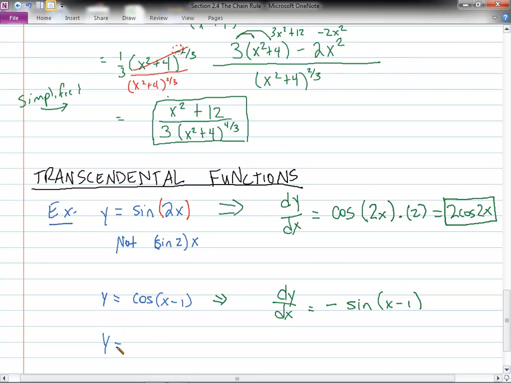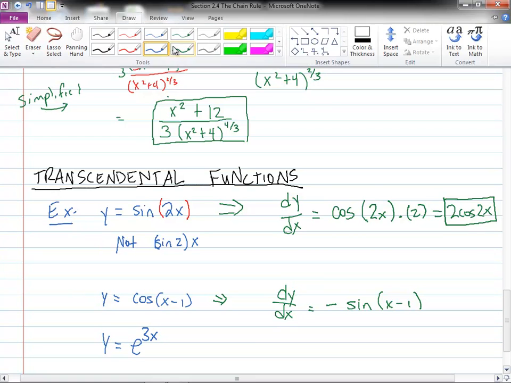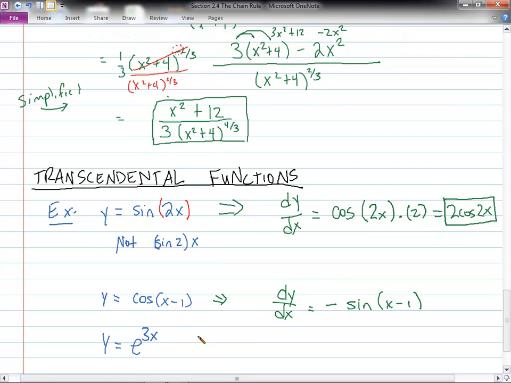Let's do one more transcendental function. We've done sines and cosines. What about exponentials? Now, don't forget, of course, that the derivative of an exponential e to the x, that's one of those beautiful things in mathematics. It's that special function that when you take the derivative of e to the x, you end up with e to the x, right?